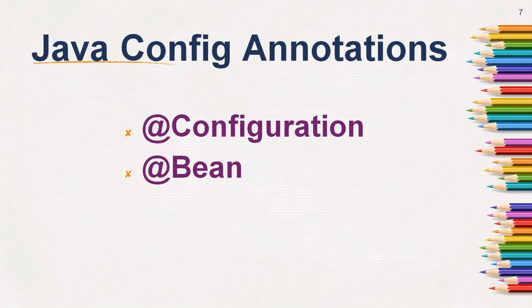Java configuration annotations. Spring has provided two basic annotations for Java configuration. One is @Configuration, second one is @Bean. To represent our own class as a configuration class, we need to use @Configuration.